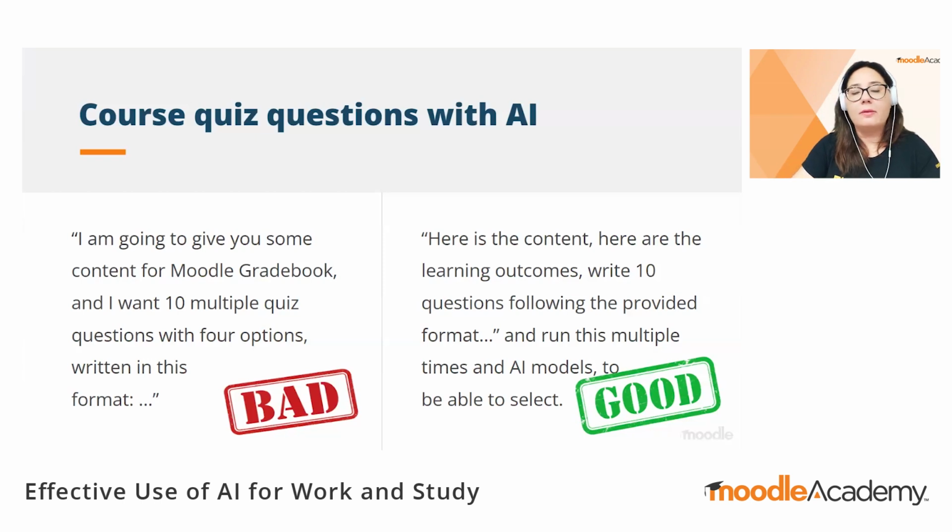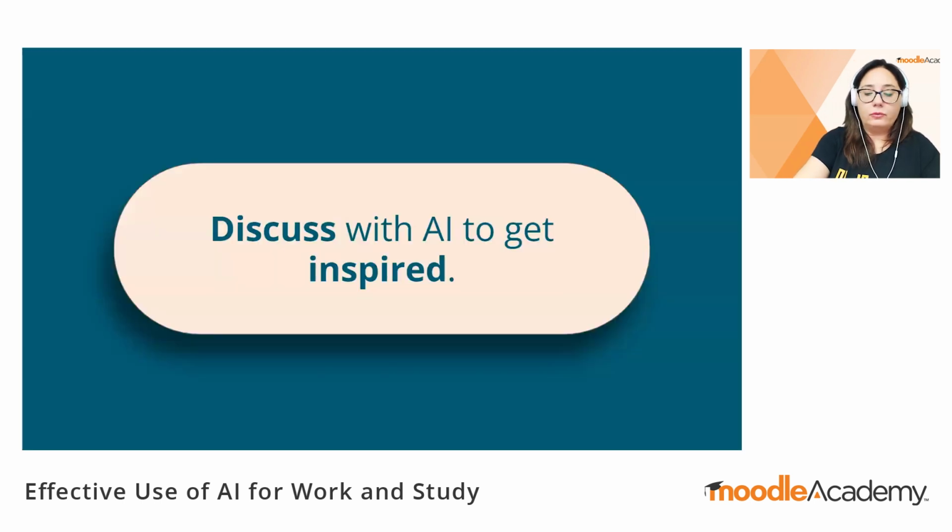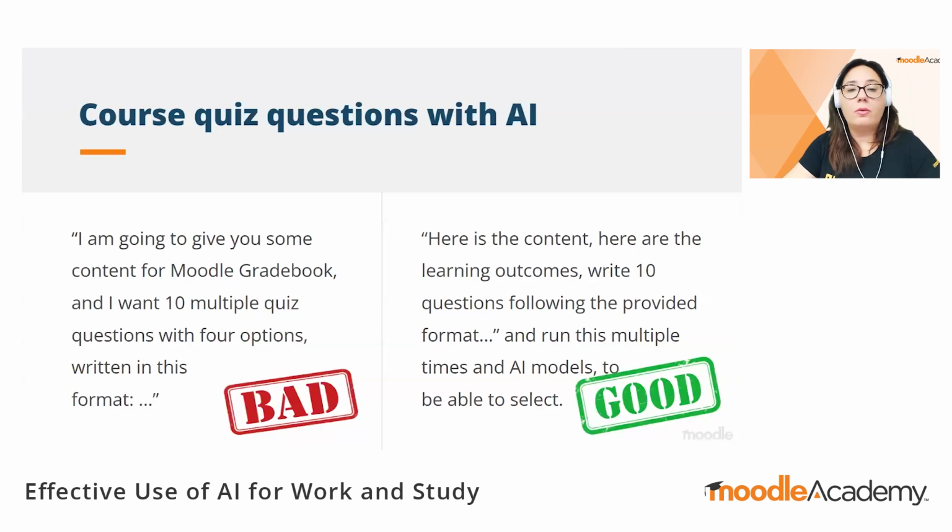So the second time, I asked AI to generate the questions, providing learning outcomes, the course content again, and the question format. At that time, I used ICANN, for example. Now, the generated questions were weak again.